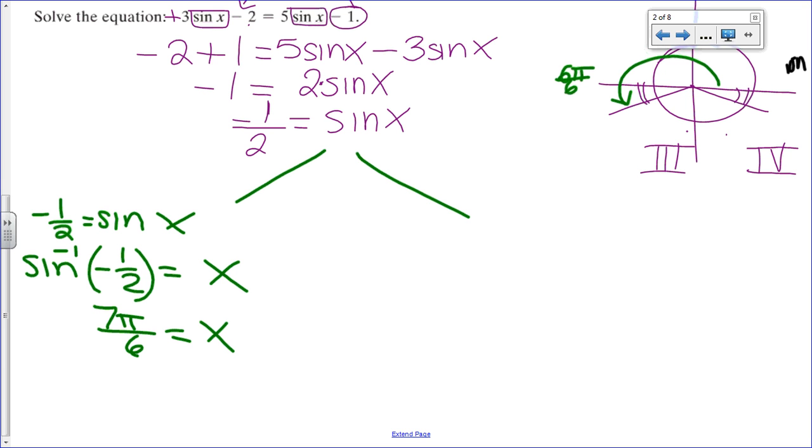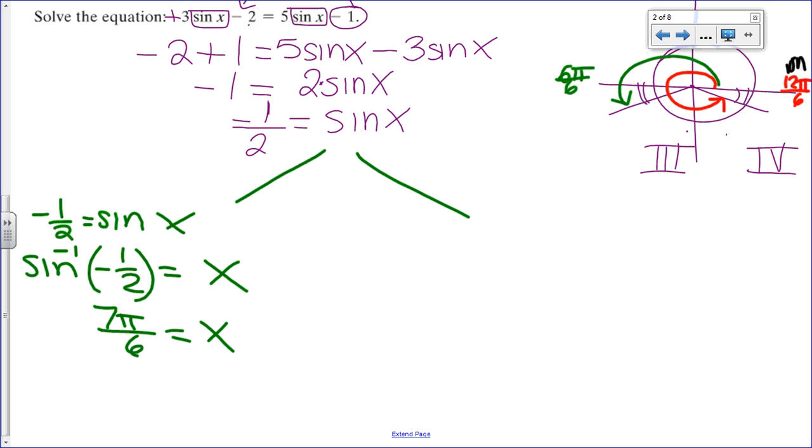Now let's look at the other one. The other one is going to be that angle that goes from here all the way here. What will that angle be? I want you to think that this is 2 pi or 12 pi over 6. So then we are at 11, right? Because we are pi over 6 before we get to 12 pi over 6.